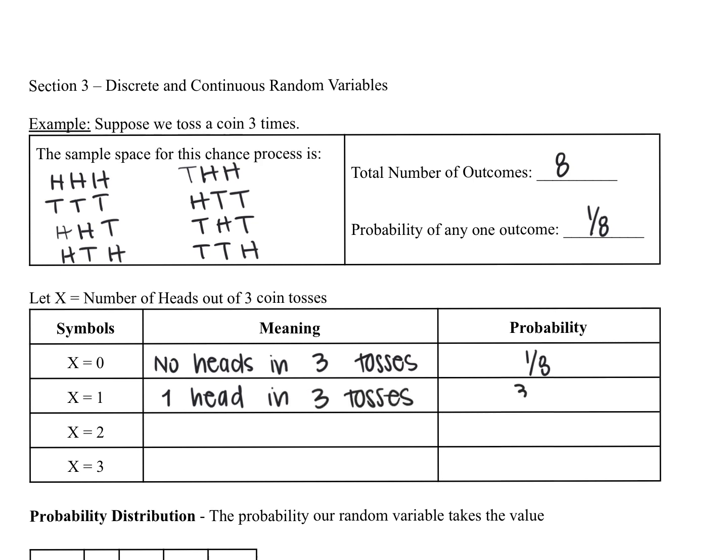There are 3 different ways to do that. You can get x equals 2, which is 2 heads in 3 tosses, which is also 3/8. Or you can have x equals 3, which is 3 heads in 3 tosses, which is 1/8.